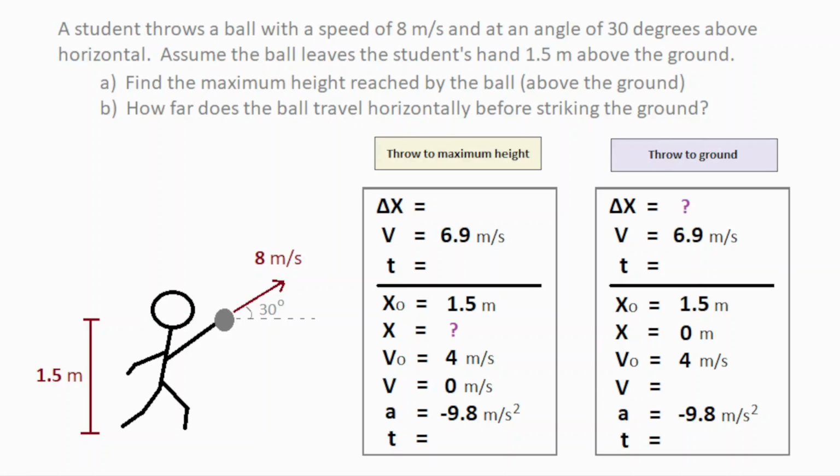The difference is that now we are not solving for the final position, we are solving for the horizontal displacement, so the question mark is moved, and instead of not knowing the final position vertically of the object, we now know it ends at the ground, so the final position has changed to 0. Lastly, we previously knew its final velocity was 0 because it was at the maximum height or the peak, and now that it's hitting the ground, it will be moving downward in the vertical plane with some negative number, and we don't know what that is, so I'll leave that blank.